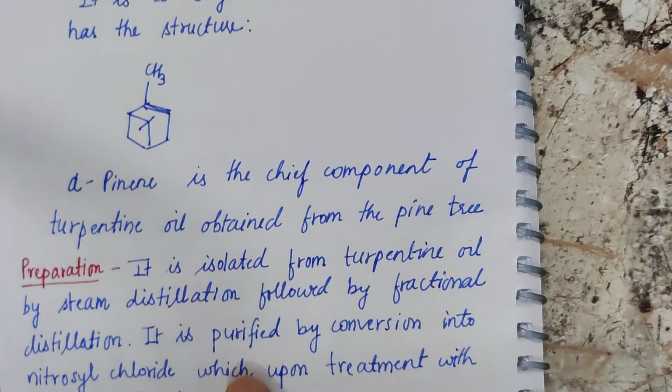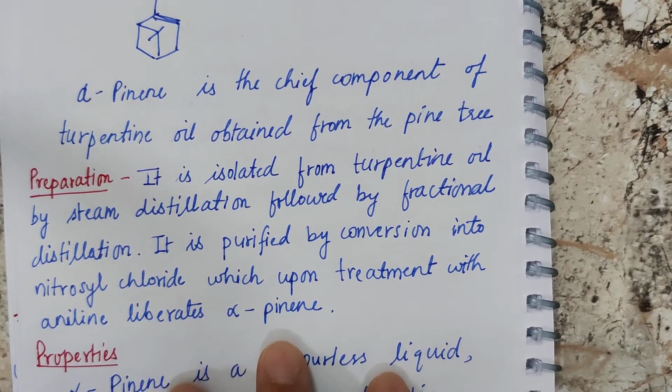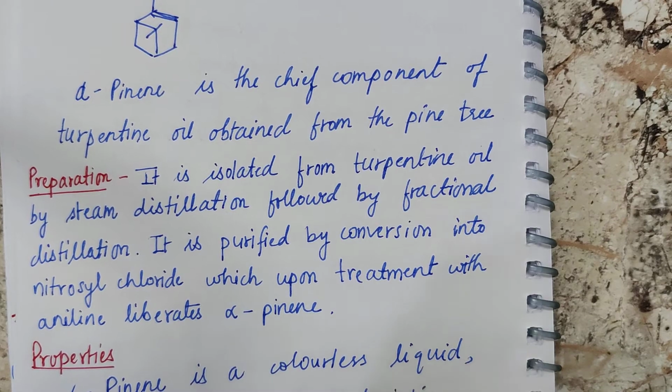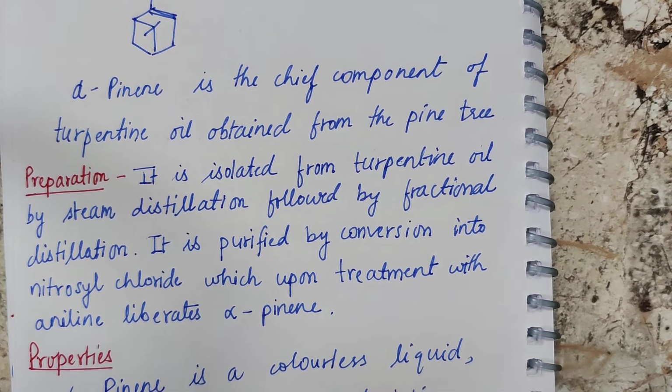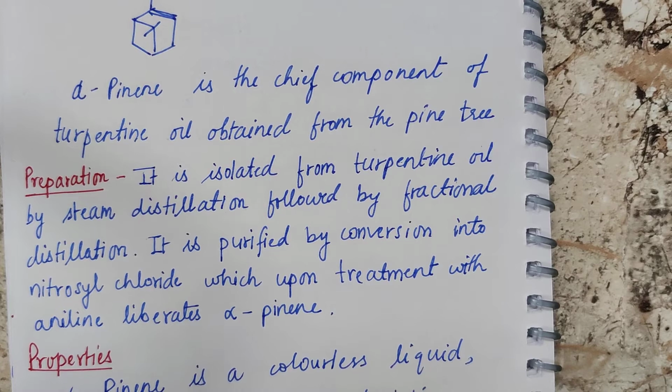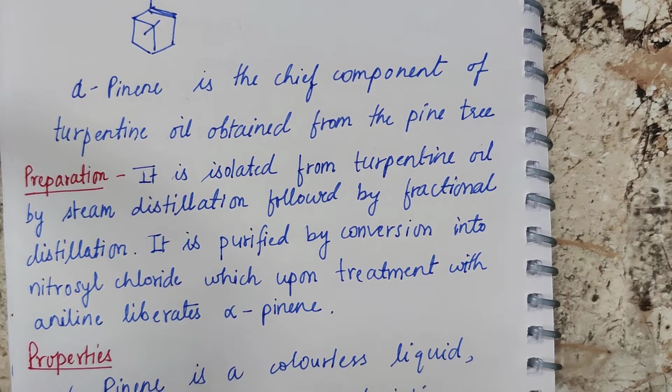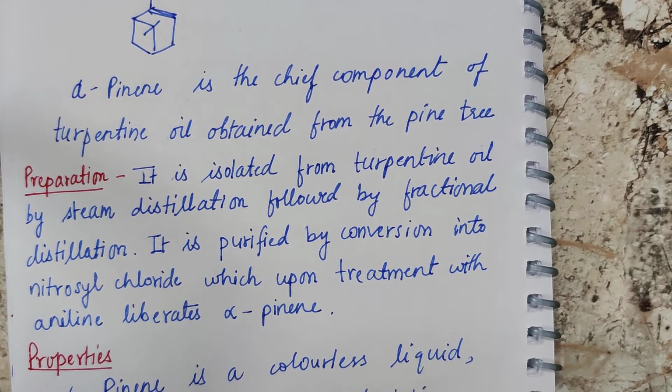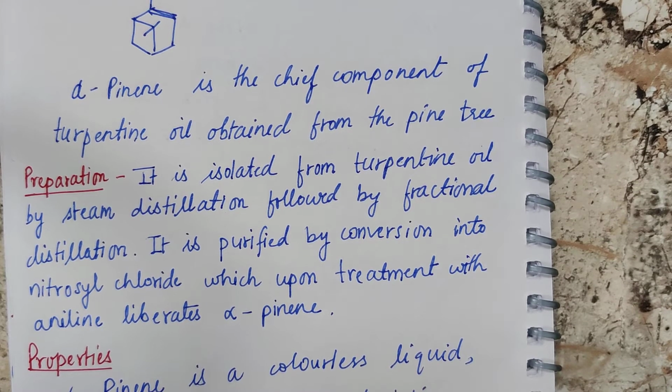Okay, if you look at the preparation, it is isolated from the turpentine oil. The turpentine oil that we get from the pine tree, from that it is purified, isolated by using fractional distillation, and purified by conversion into nitrosyl chloride, which upon treatment with aniline liberates alpha pinene.